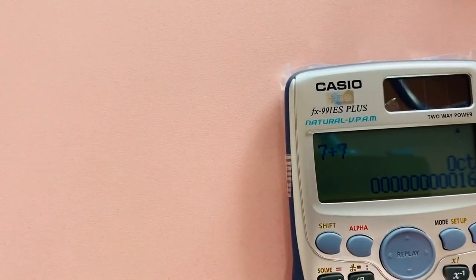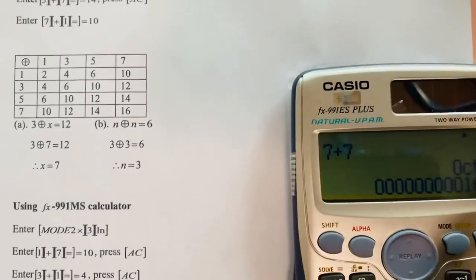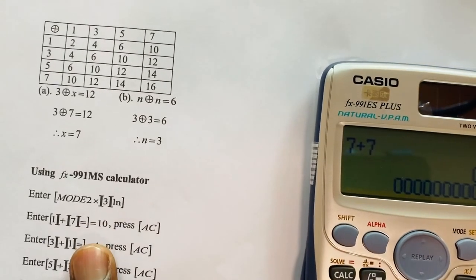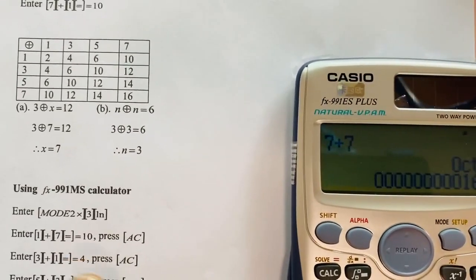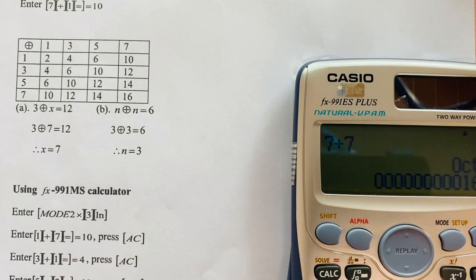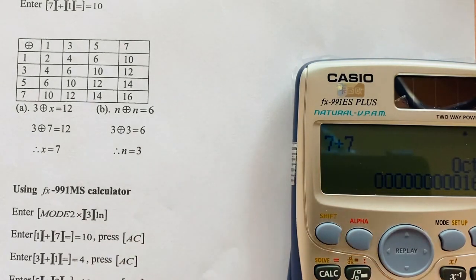And so quickly we have the same table here to complete, and this is for ES, and then we have an MS also. The MS function is to go to mode 2 times, select 3, then you follow the rest as the ES and the ES plus, and you get your answer done.